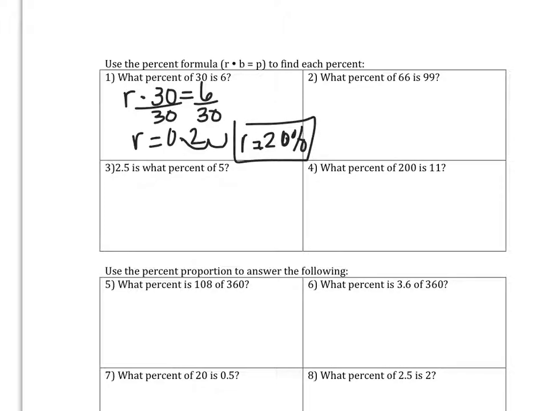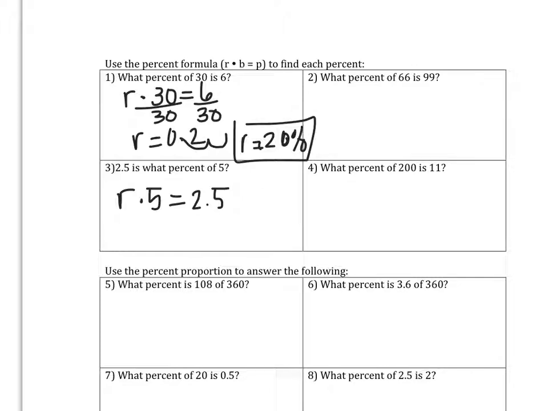Let's take a look at number 3. 2.5 is what percent of 5? So our rate is what we don't know. Our base is 5, and our percent is 2.5.